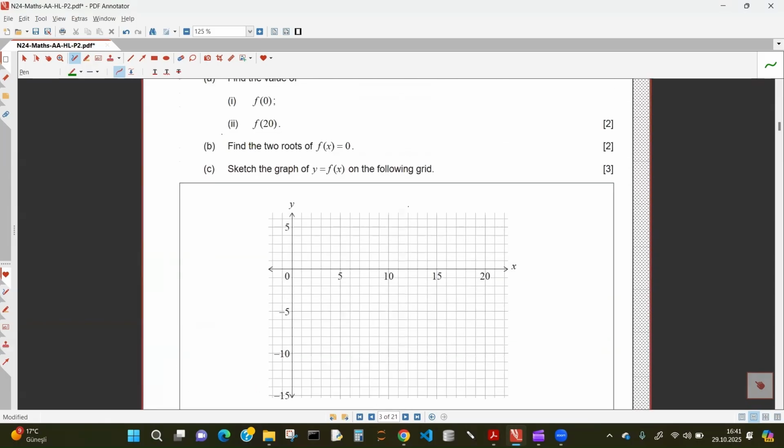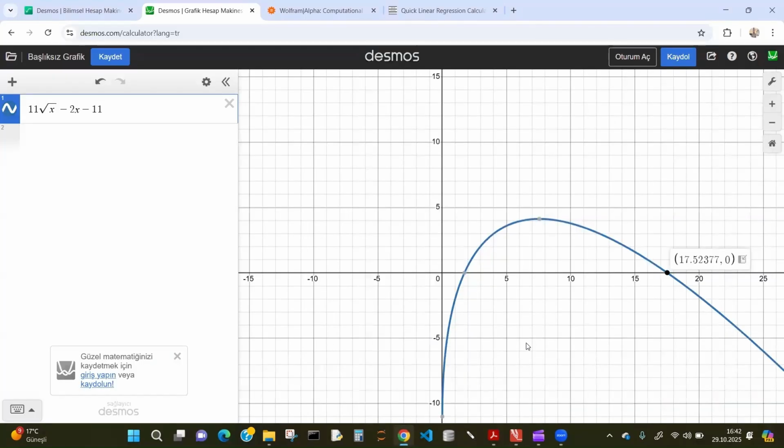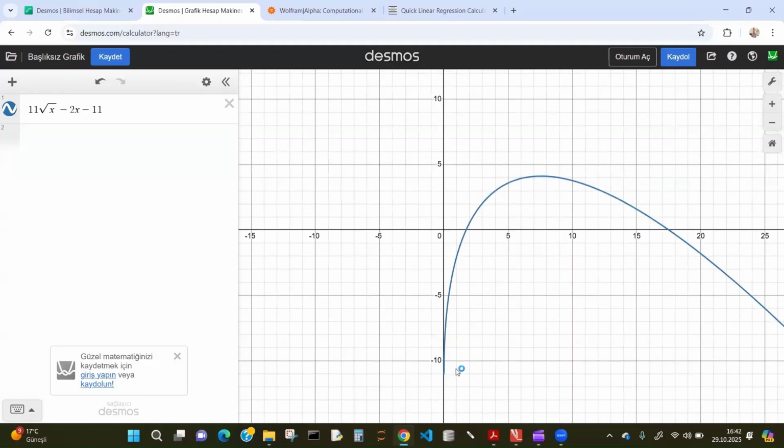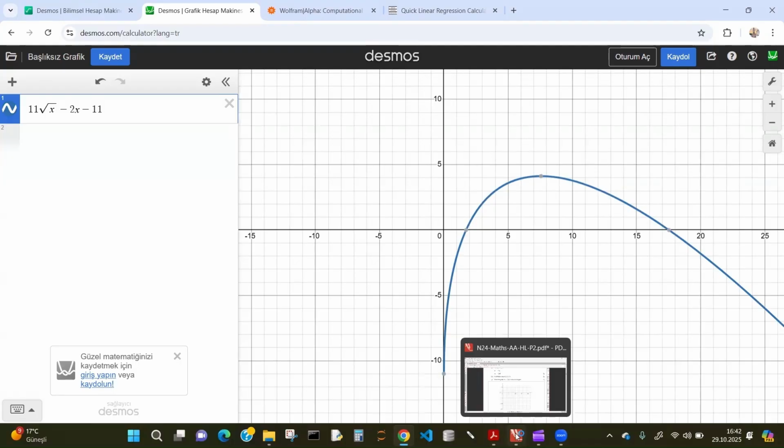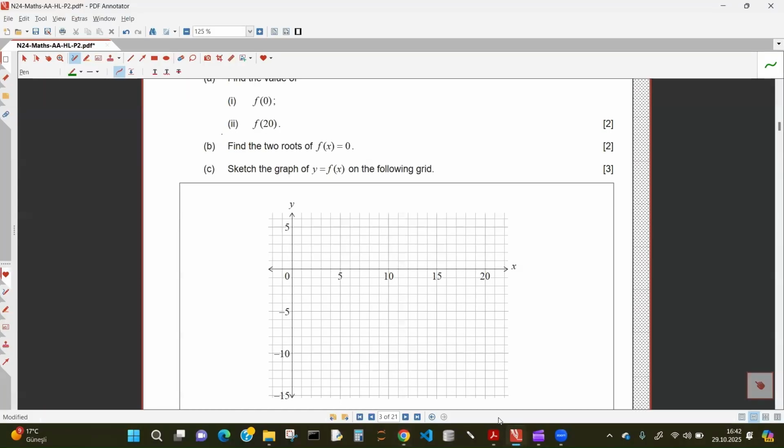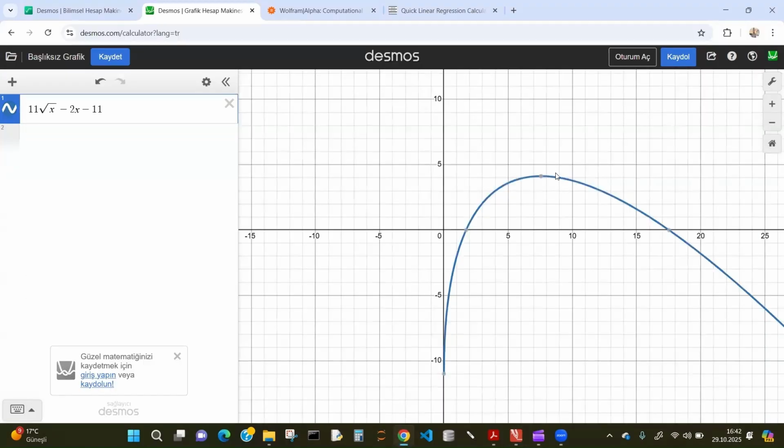And the second question is already asking for the graph of f of x, so I'm gonna draw it. Maybe I need to mention the y-intercept, which is minus 11. You need to mention that.